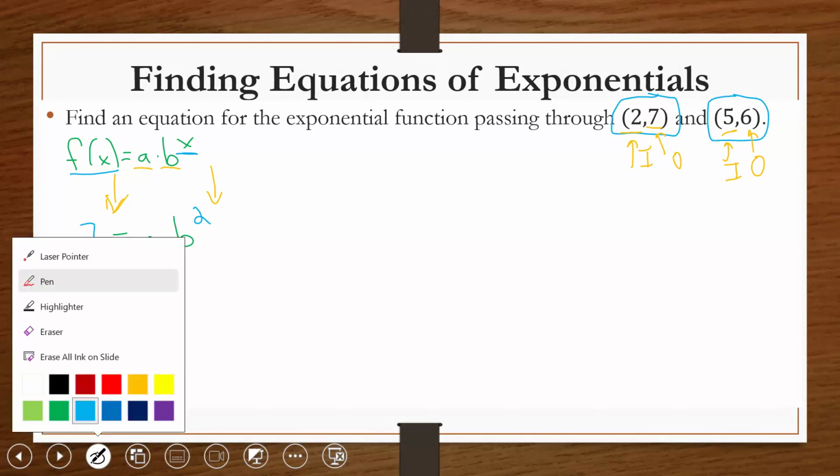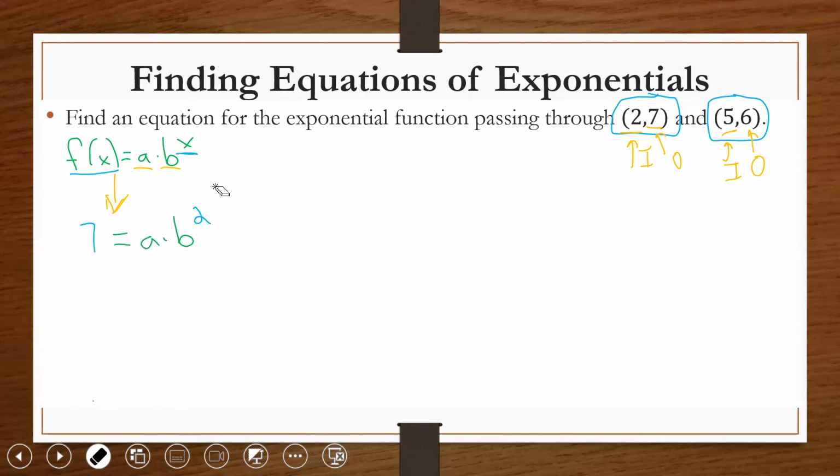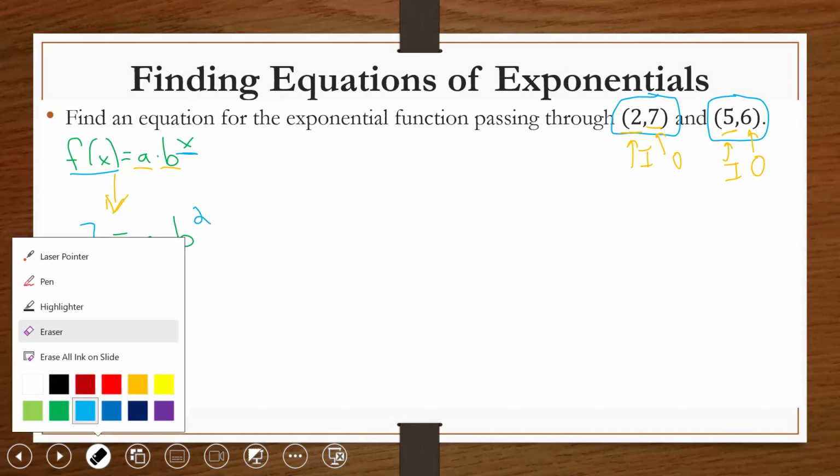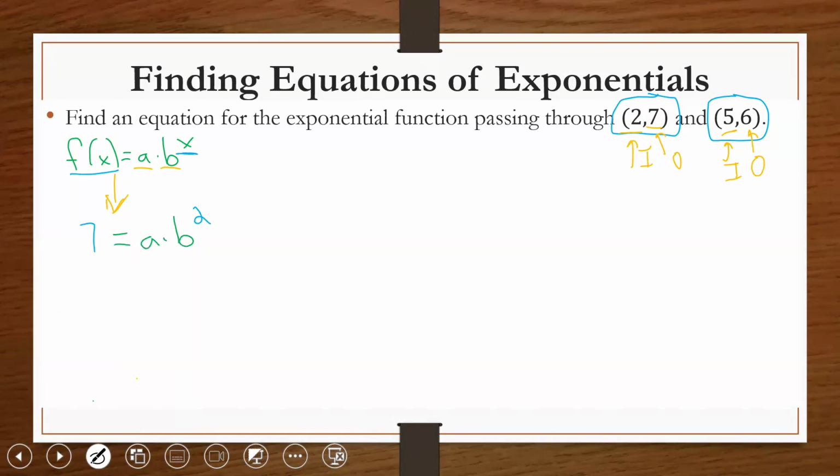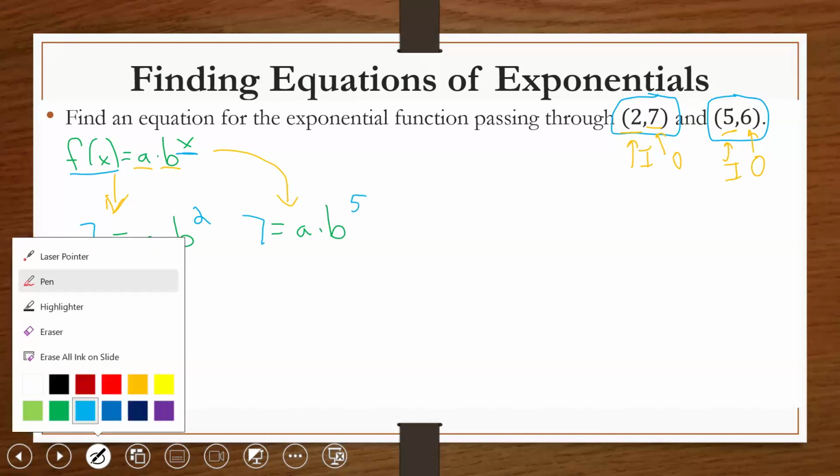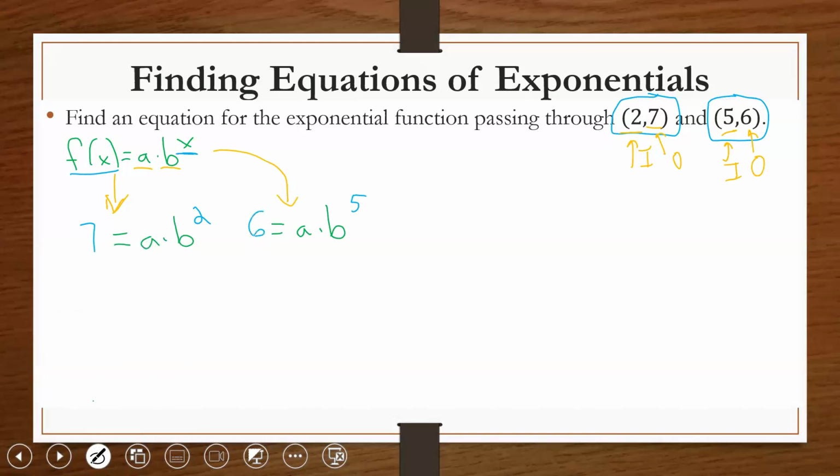Okay, so just placing each value where it would go in the equation. We do a similar thing with the point (5, 6). So we would have, in this case, a times b raised to the power of 5, since that's the input value, and we'd have that all equal to 6, since that's the related output value.